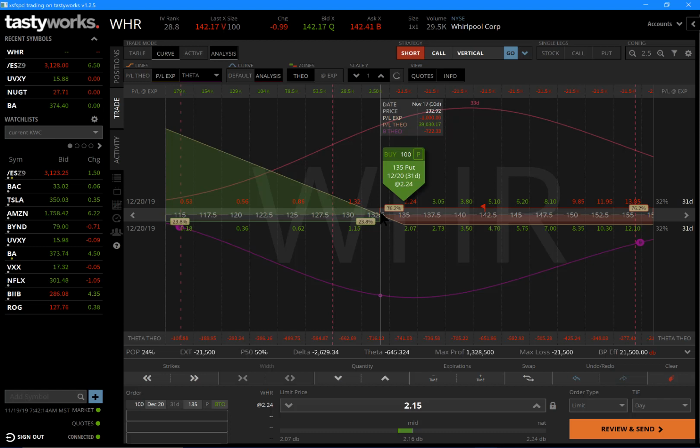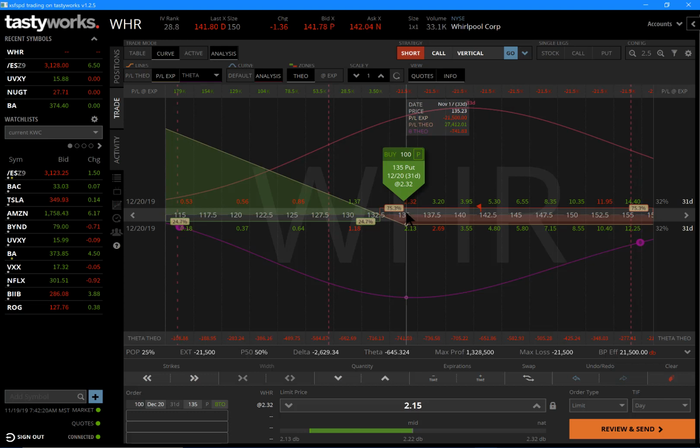Remember, this is a 135 strike price put, meaning we would start to make money if the stock fell below 135. But of course, we have to pay for the option, which is going to be a couple of dollars, so really about 133 would be our break-even. We would have a lot of upside on this particular stock if we were correct in our assumptions.